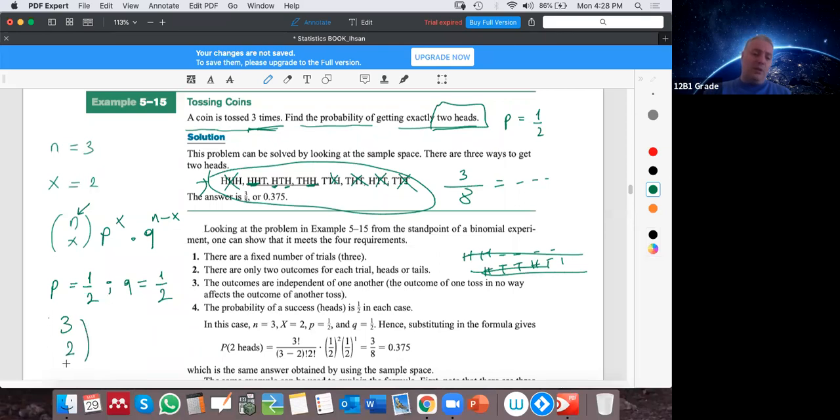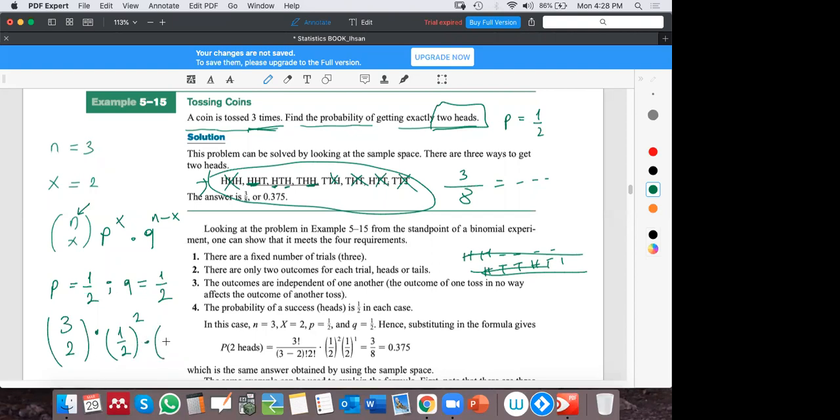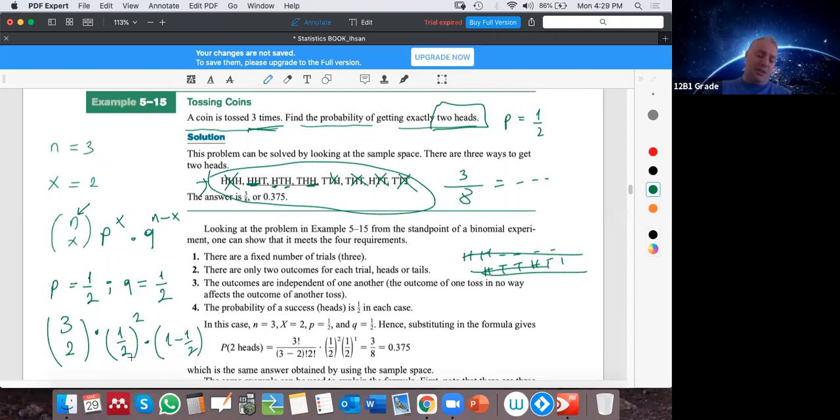So combination of 3, 2, times the success 1/2 to the power of these 2 times, 1 minus 1/2, which is still 1/2, to the power of 3 minus 2, which is 1.